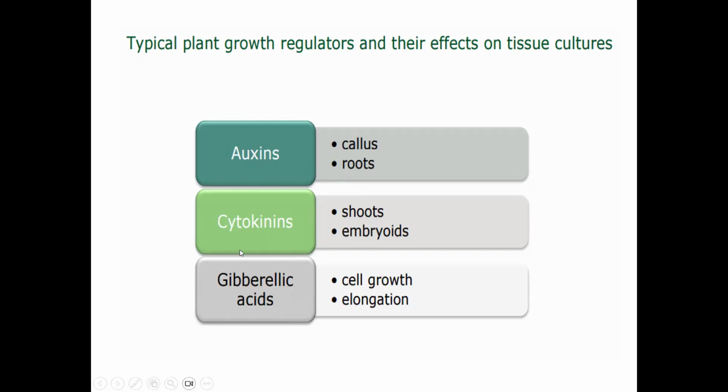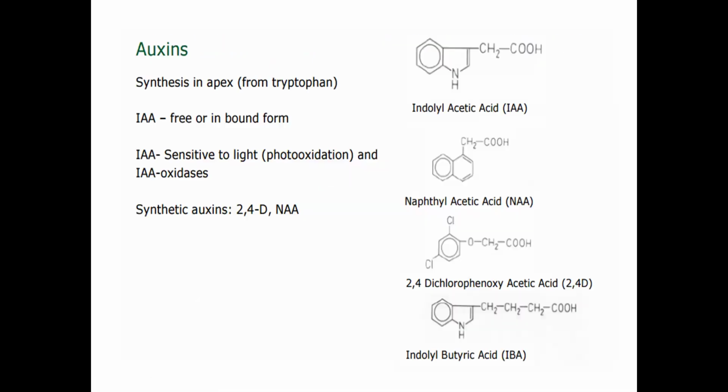So the combination of these three hormones is very crucial, especially auxin and cytokinin. If the cytokinin ratio is higher, then root never forms, but a plant shoot will be formed.